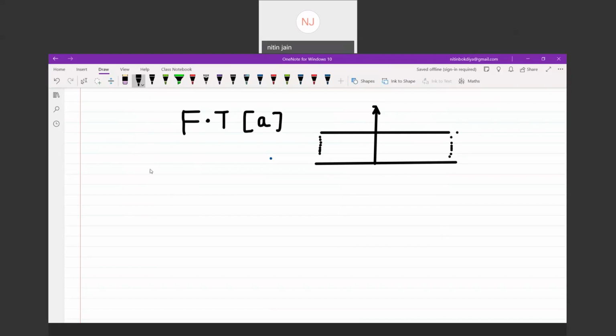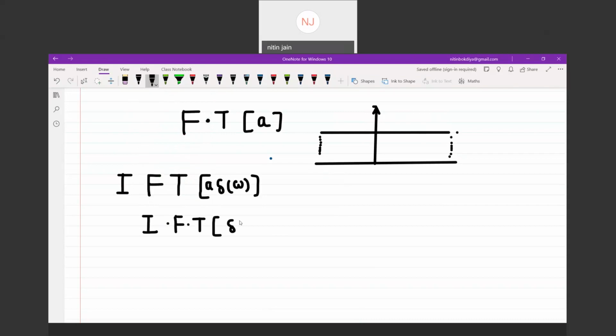We will calculate the inverse Fourier transform of a del omega. So how can I define the inverse Fourier transform of a del of omega?